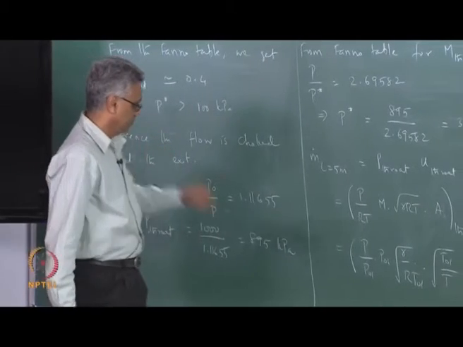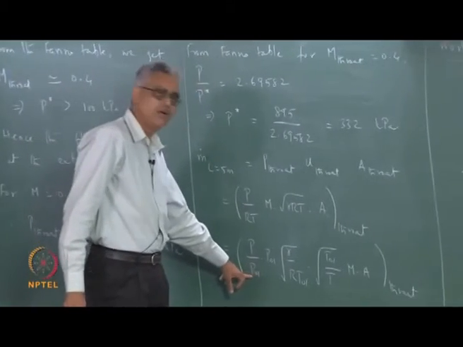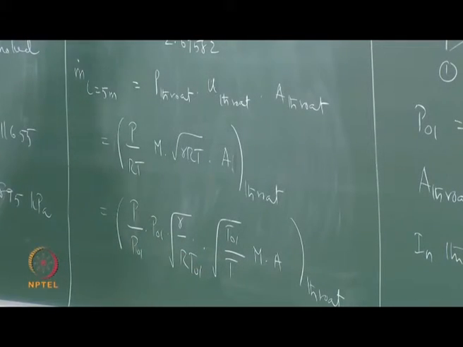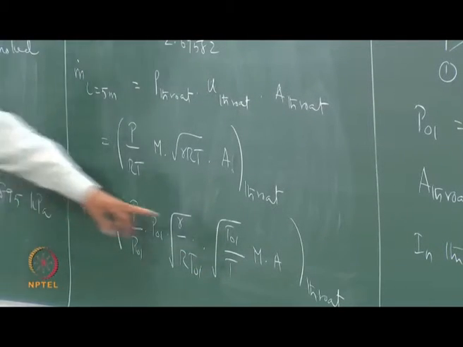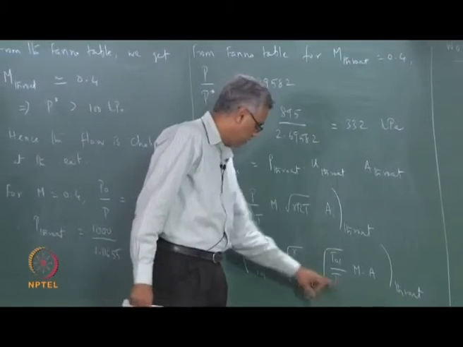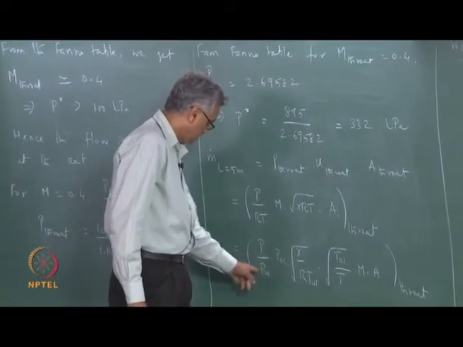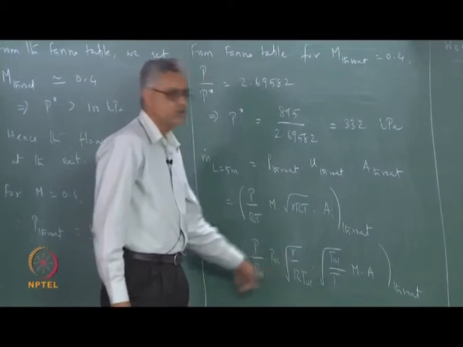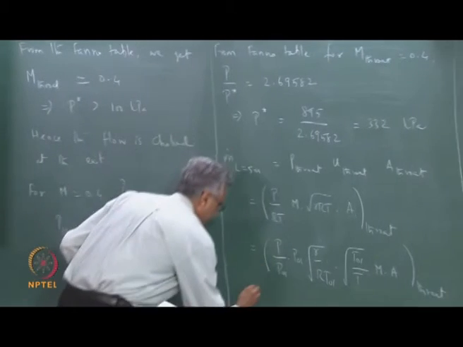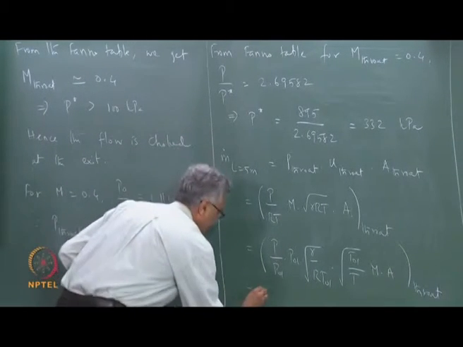Notice that I have multiplied and divided by P01, and multiplied and divided by the square root of T01. So I know M throat, I know A throat, I know T01, so all the quantities here can be evaluated, and this mass flow rate comes out to be 2.235 kg per second.